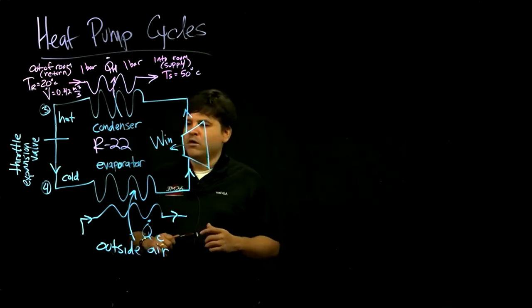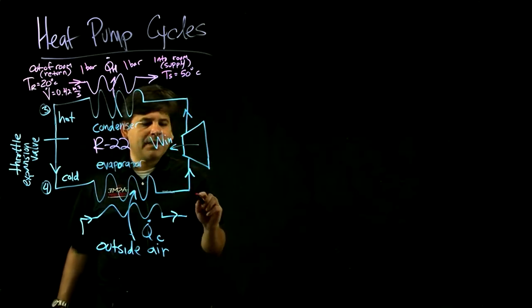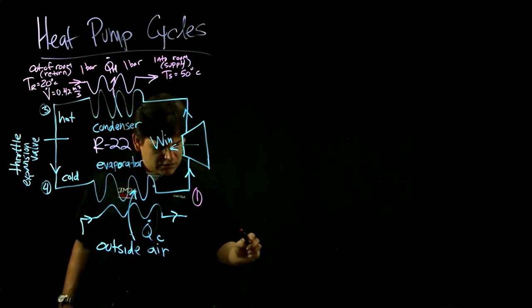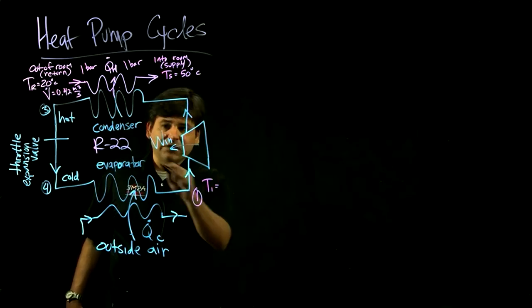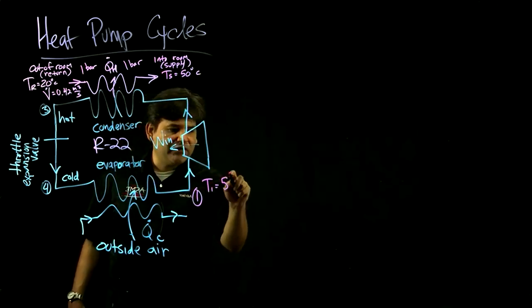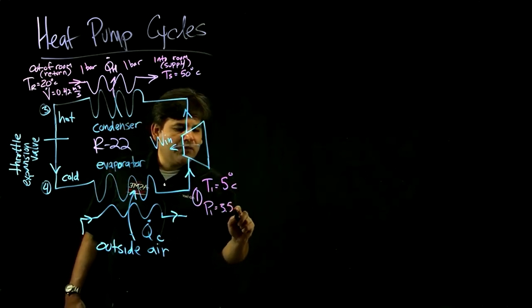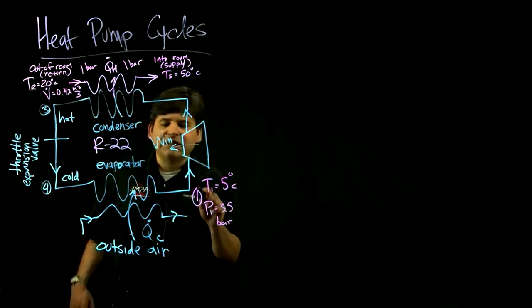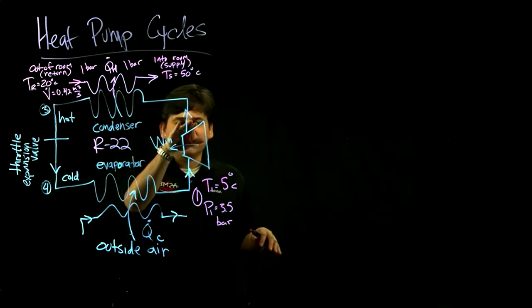Okay, so to put more numbers on this, let's call this here state 1. At state 1, the temperature of the refrigerant, we're talking about R22, is 5 degrees Celsius. P1 is 3.5 bar, so that's the low pressure branch, and that's the input to the compressor.